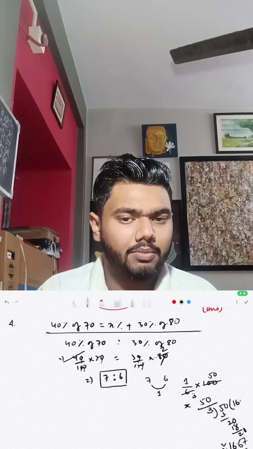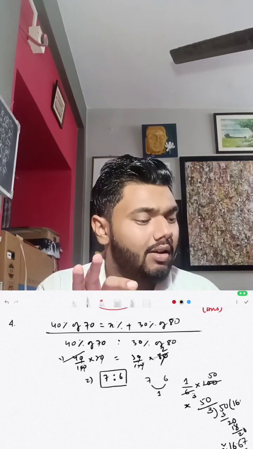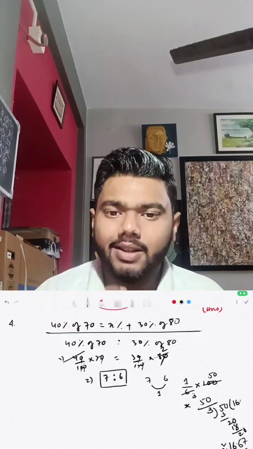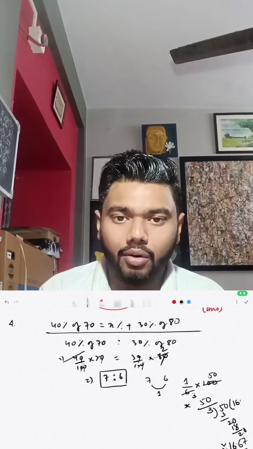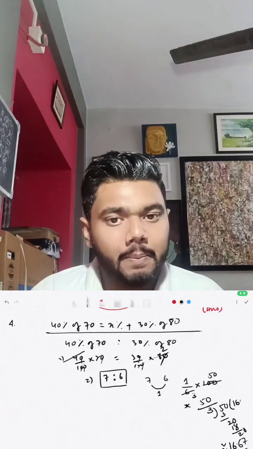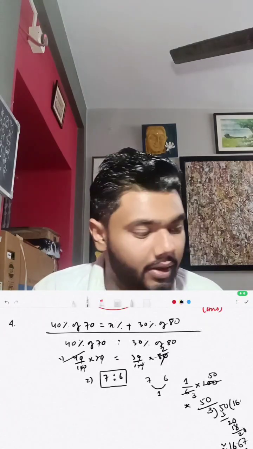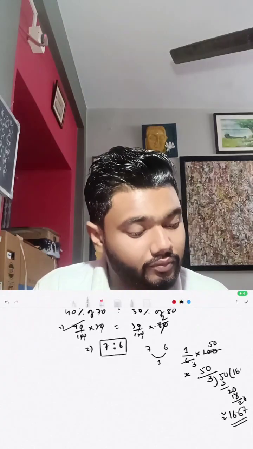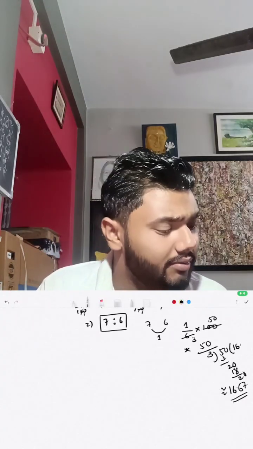In some questions it may be given that x is less than 30% of 80. In such cases we will follow the same method. We will get that question in number 10. In that question we will do it, right?